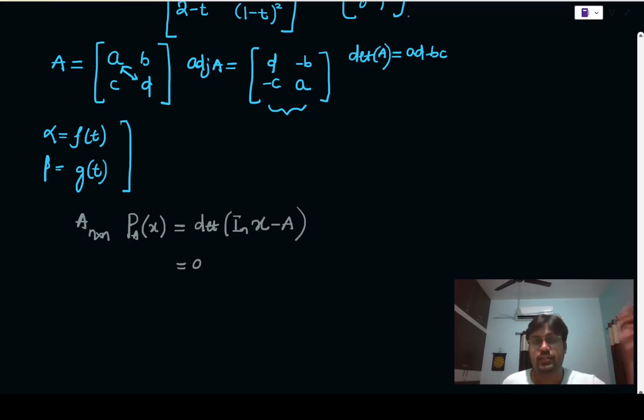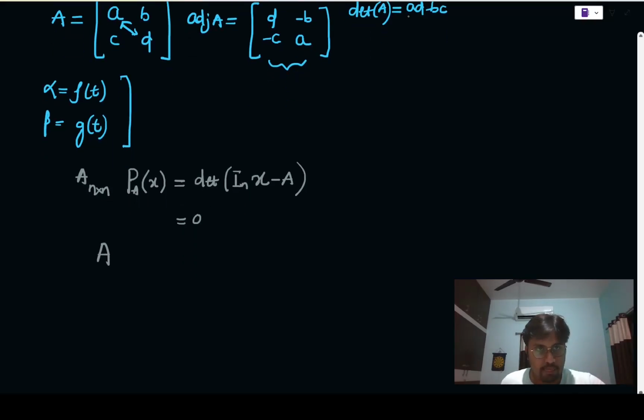That's what it states. So in matrix form, what effectively Cayley-Hamilton theorem states is that if you have a matrix A, then we can actually check how this will look for the polynomial.